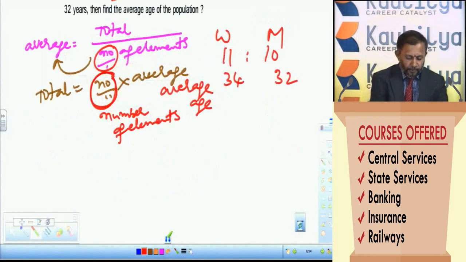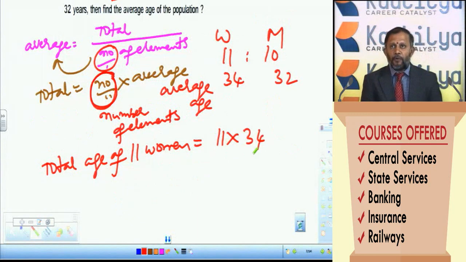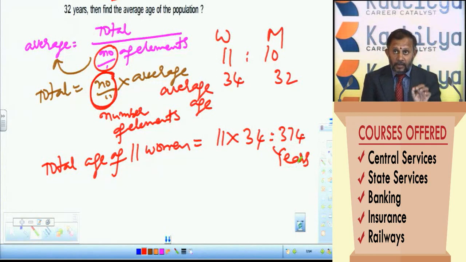So here we have to mention in detail: total age of 11 women is equal to number of candidates 11 into average 34. So that is 374 years, that should be mentioned, because the age is given in terms of years, not in terms of months. So we are very particular about the unit also, right? The total age of 11 women is 11 into 34, that is 374.